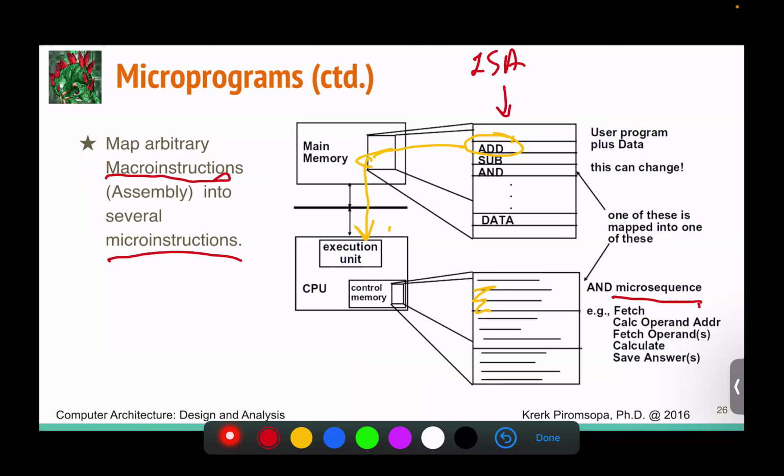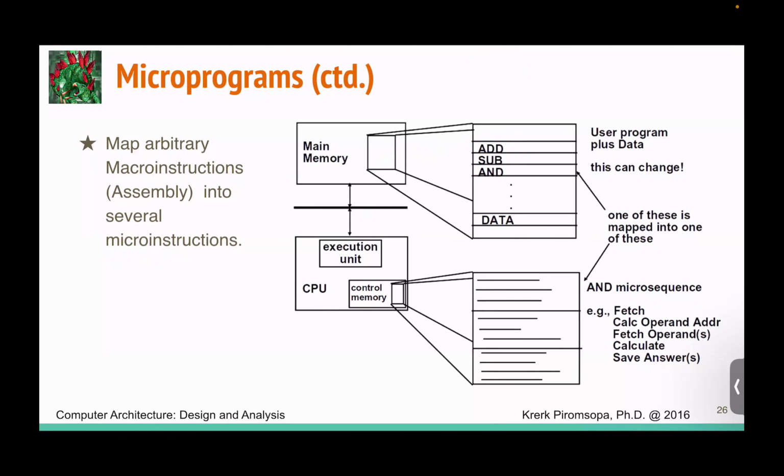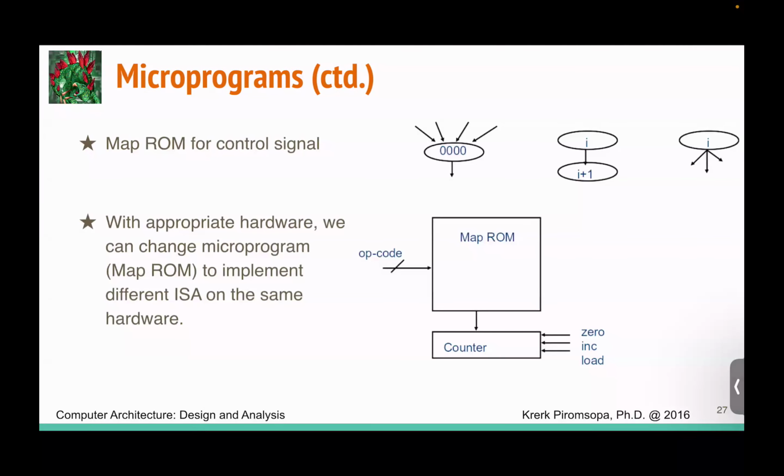So one macro instruction gonna be translated into several micro instructions inside the processor. And we have to map the ROM by converting the state machine to it.